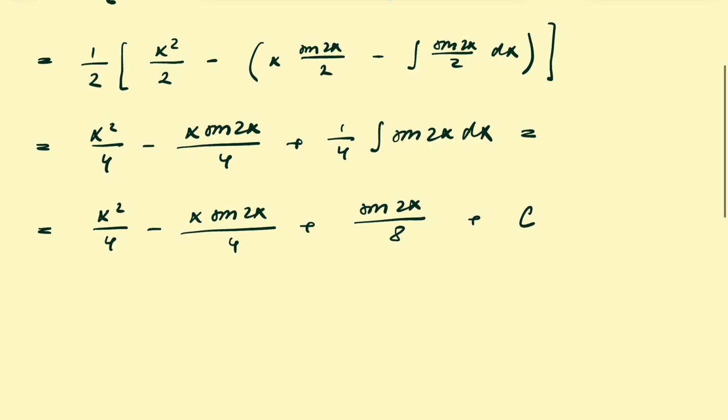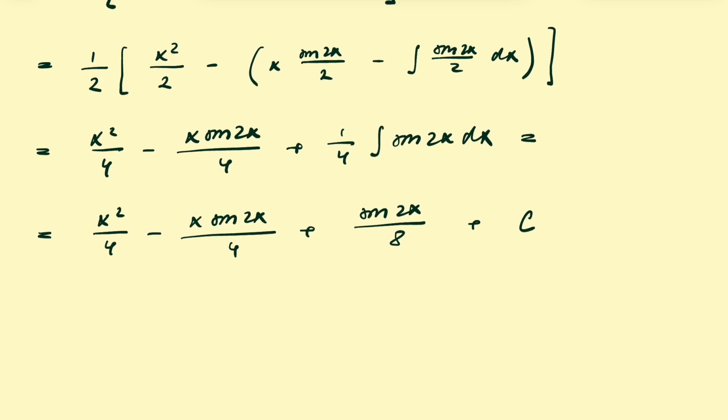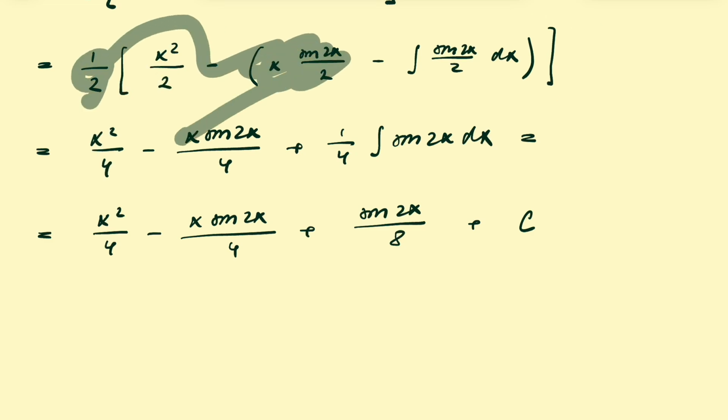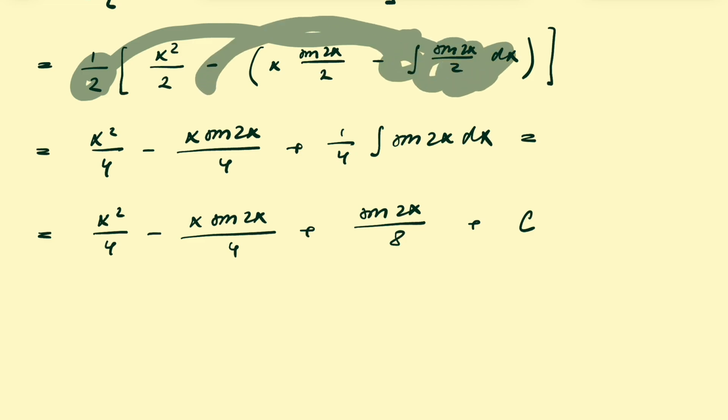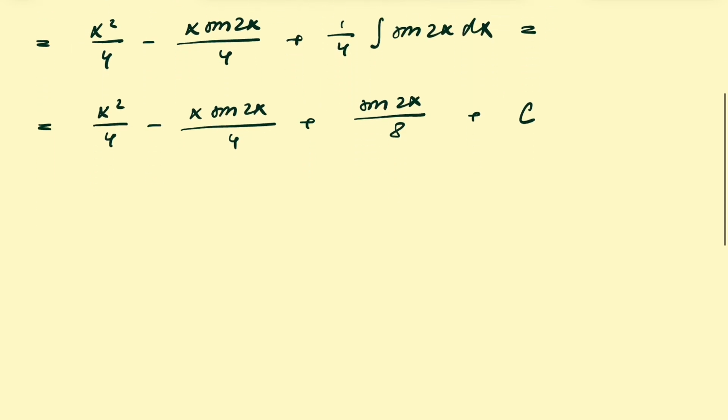So let's quickly check if we did it right. We had this, which turned into this. Okay, then we had this, which turned into x times sine of 2x over 4. And we had 1 over 2 times minus plus integral of sine of 2x dx over 4. Yeah, that's also right.